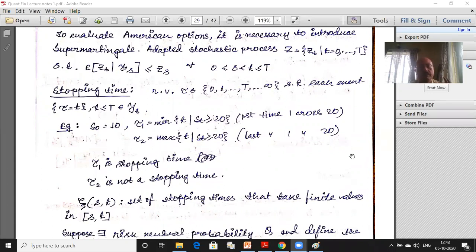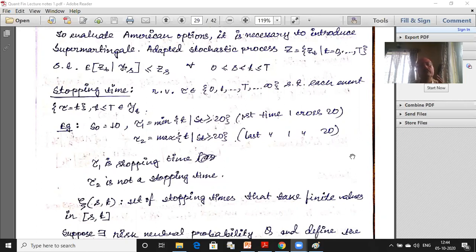Which means to understand the probability distribution of tau, or calculate the probability of tau equal to t, I need information only up to time small t. So I do not need to look into the future. Whatever information is available to me up to time t is sufficient to calculate such probabilities.